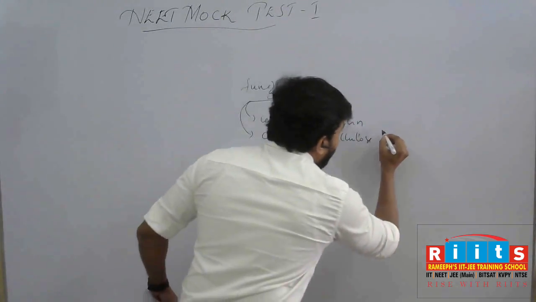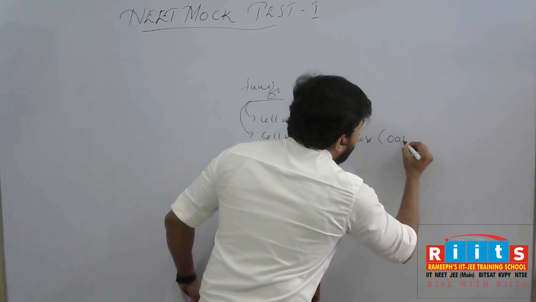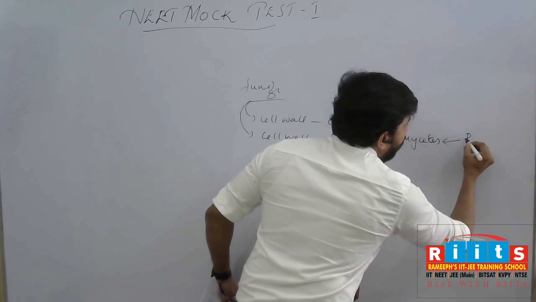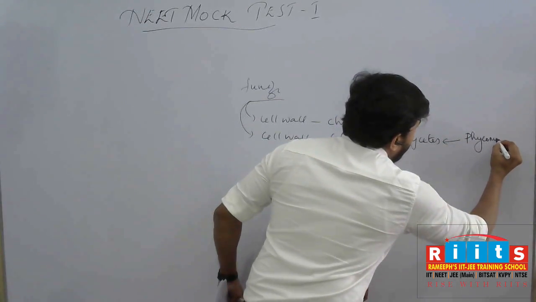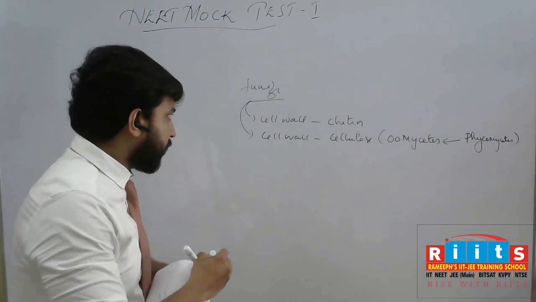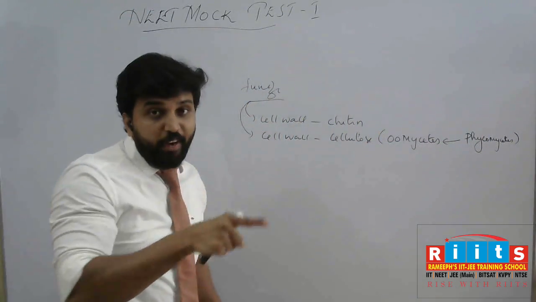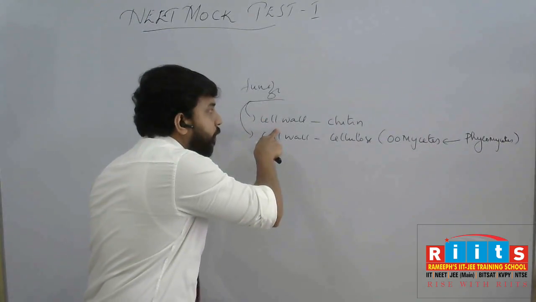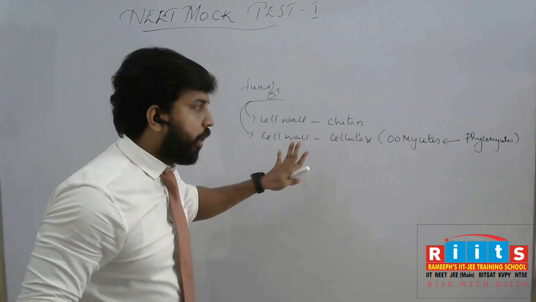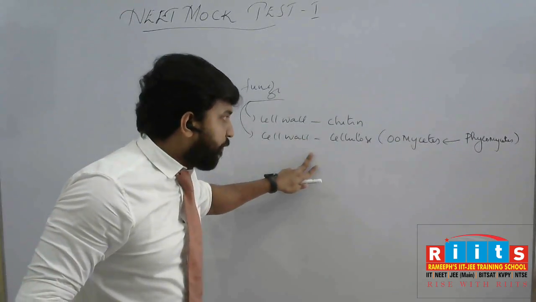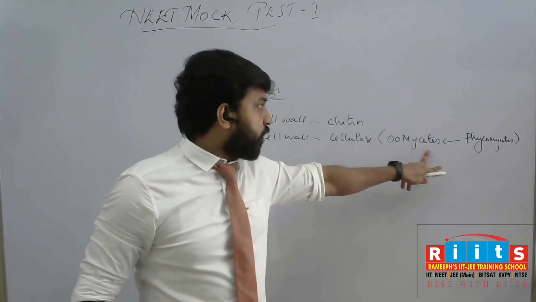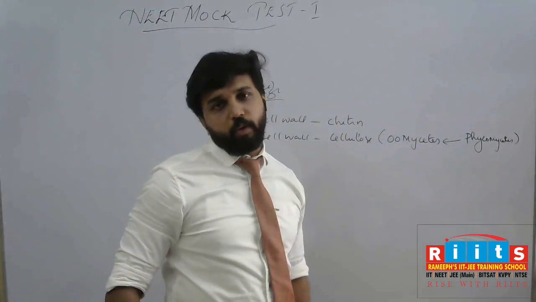That member is called Meiosis, and it belongs to Phycomycetes. So students, don't forget this. Just focus on this and never forget it. We already know that the fungal cell wall is made up of chitin, but some fungi show cellulose as their cell wall material, as in the case of Meiosis, which belongs to Phycomycetes.